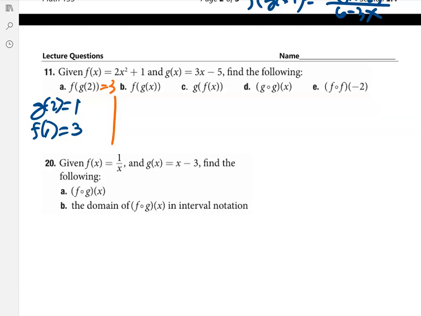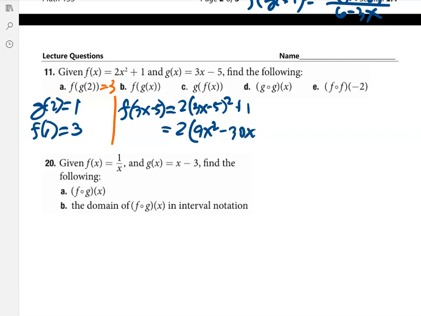Then letter B, f of g of x. This is g of x, so f of 3x minus 5. Plug in that: 3x minus 5 squared plus 1. And 3x minus 5 squared, let's square that. 3x squared is 9x squared. Twice the product of this is 30x.